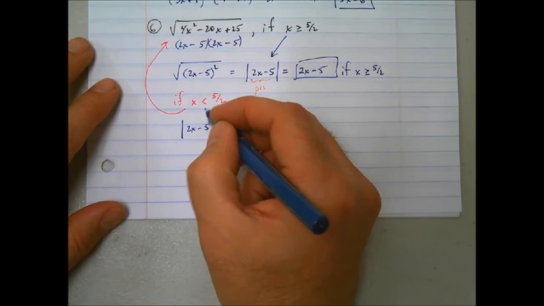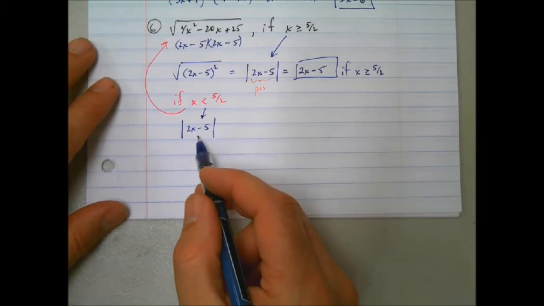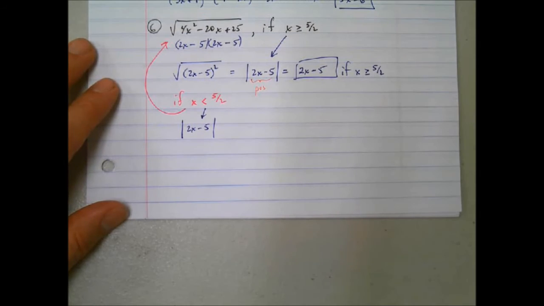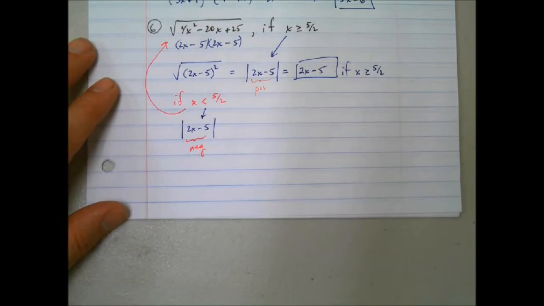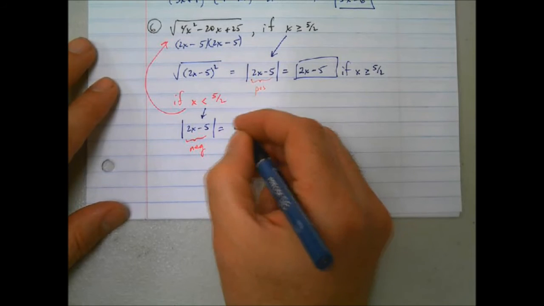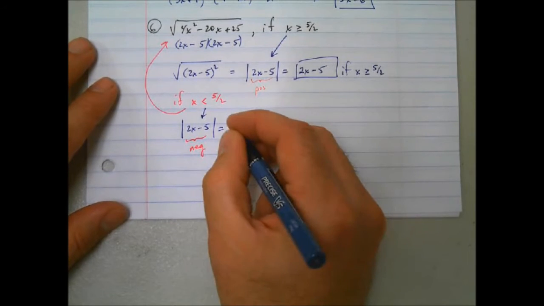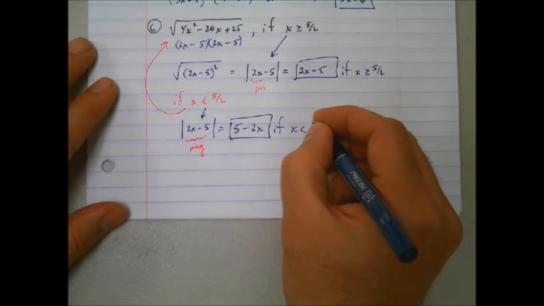And if x is less than 5 halves, then the inside is actually negative now. And we follow the negative rule, and we multiply the inside by -1, which is 5 minus 2x, if x is less than 5 halves.